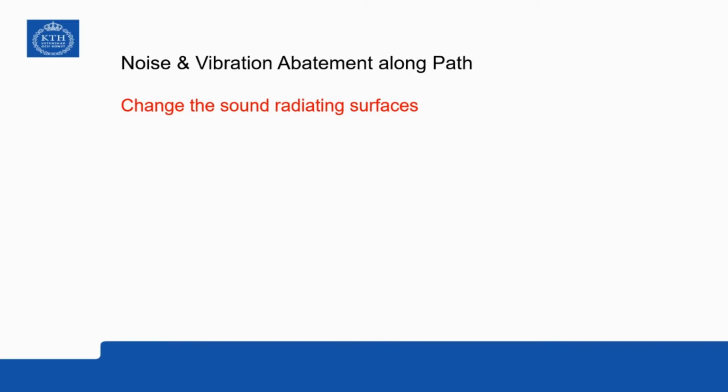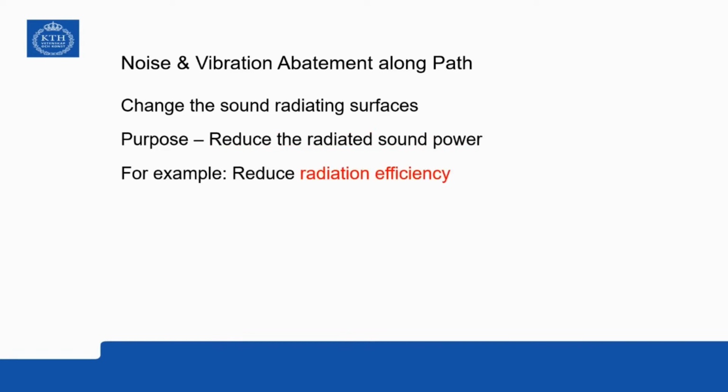Another example is to change the sound radiation properties of the different surfaces that radiate noise. When the surface vibrates, it will radiate noise, and the properties of these radiating surfaces determine how efficiently the sound is radiated from the surfaces. So if you can reduce the radiated sound power by somehow modifying the vibrating surfaces, then you have reached your goal to reduce the noise radiation.